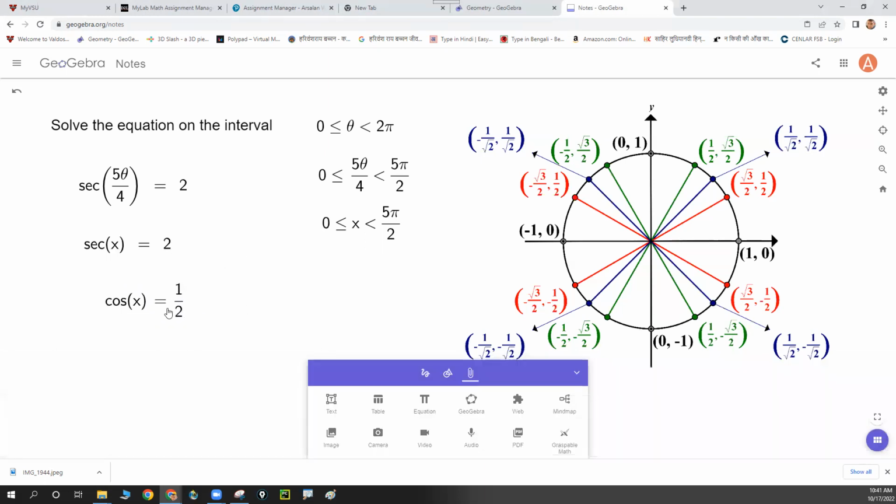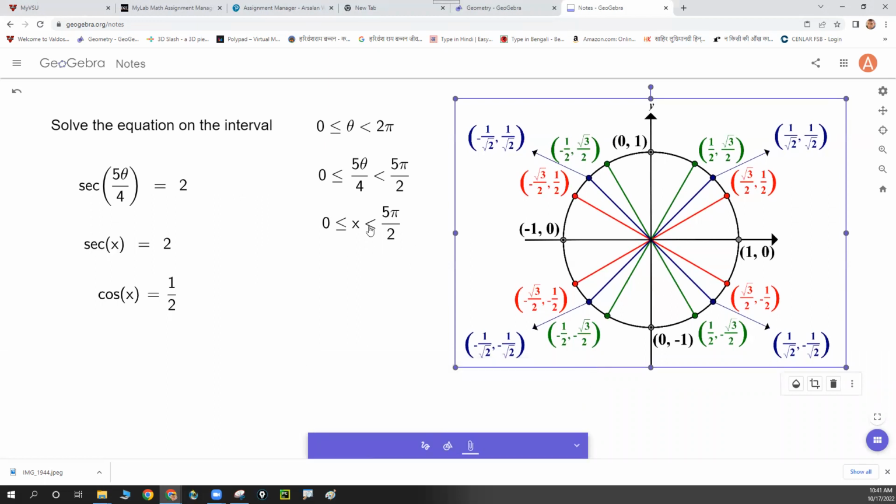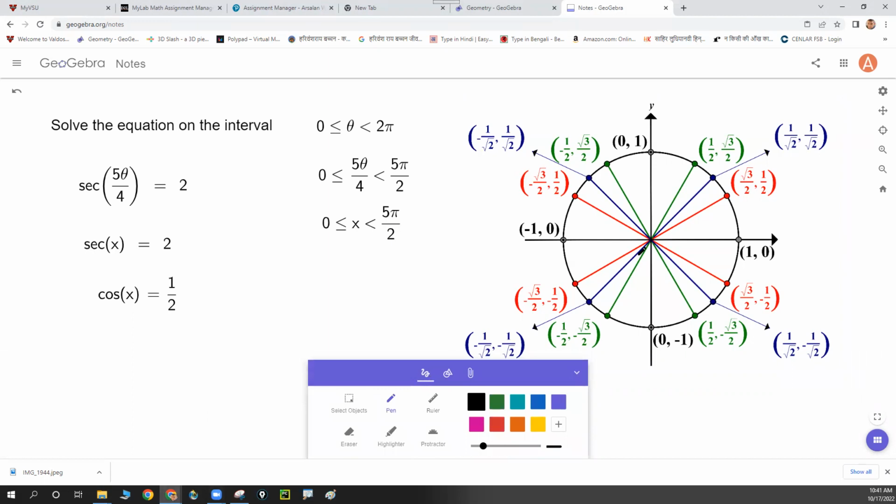Now, on the unit circle, x must be in this range. What is this range? 2.5 pi. What's 2.5 pi? I'll show you. 2.5 pi is 1 pi, 2 pi, and half pi. So in this range, I have to find the value or values of x that makes cosine x half.